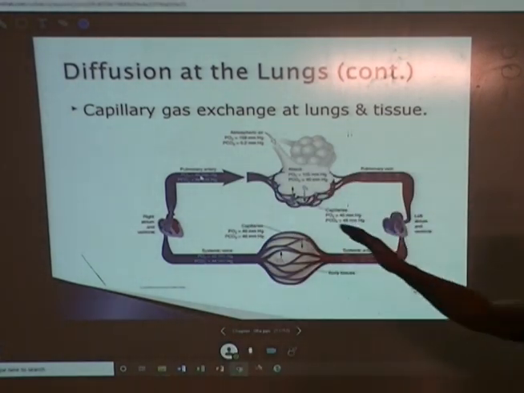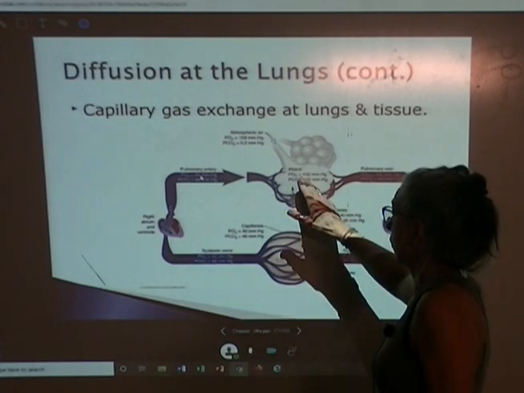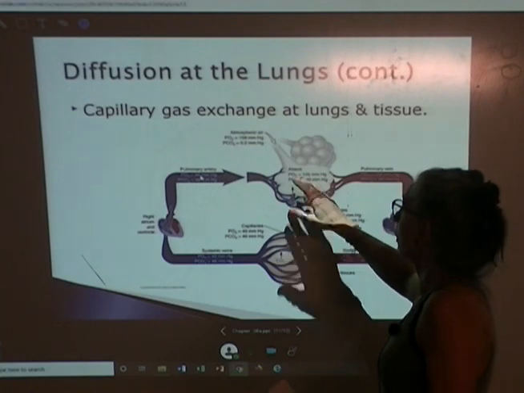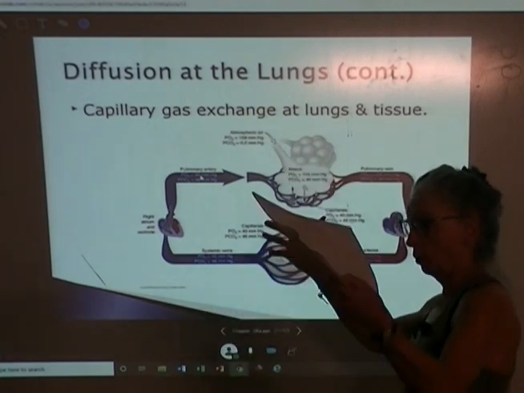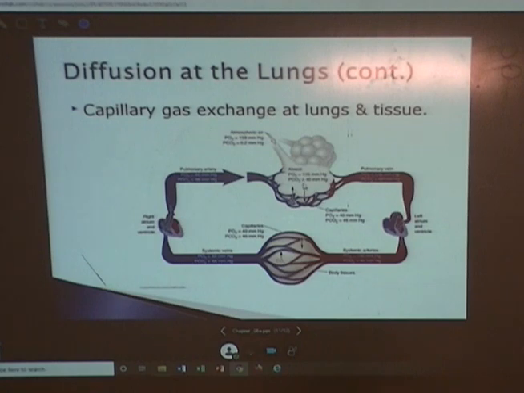So we've got a 40 and 125. Right? So there's a high-low. So that makes it very easy for oxygen to cross out of the lungs into the capillary network around the alveoli and back off to the heart.